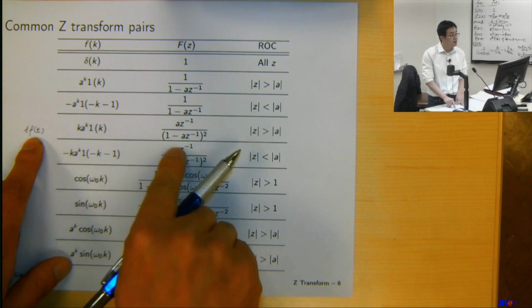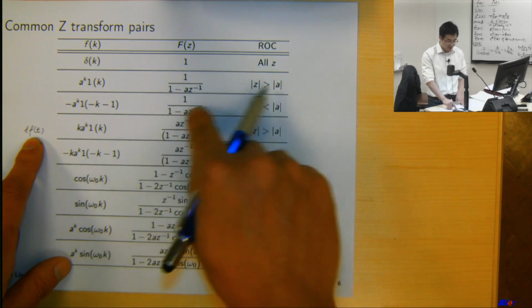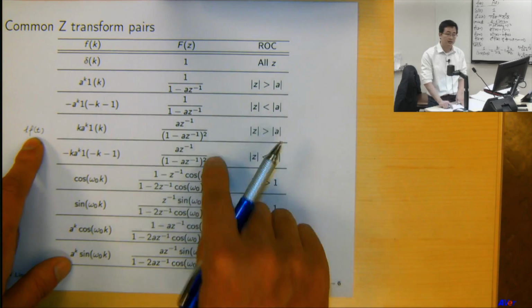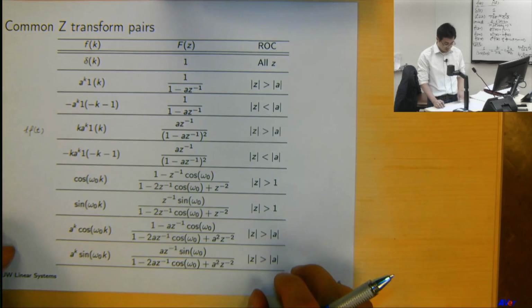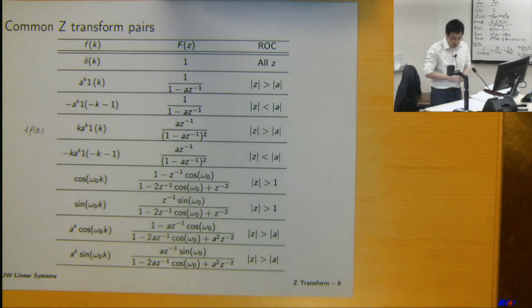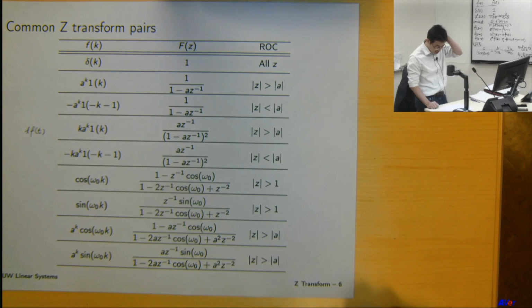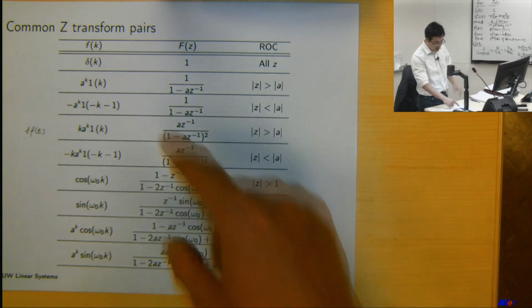So it's differentiation in the discrete time domain. So this is taking the derivative over this one. You can get this. This is a table that you can refer to from time to time. And most of the signals that we deal with are covered by this table.